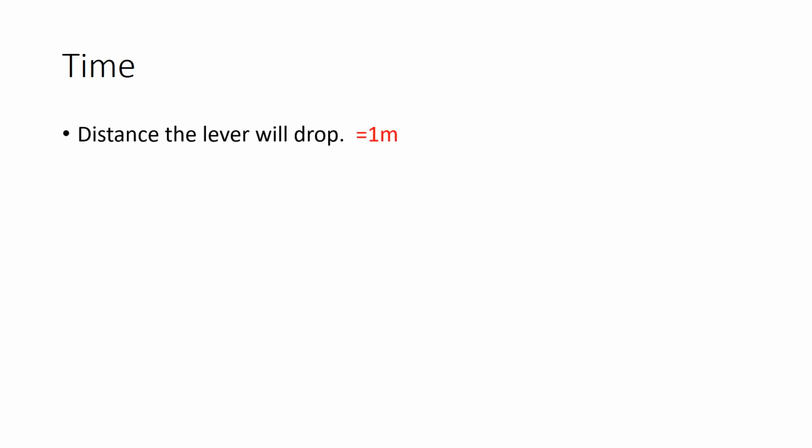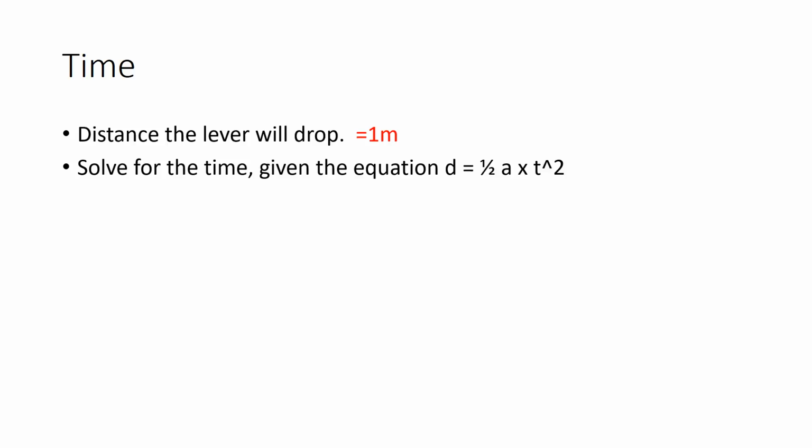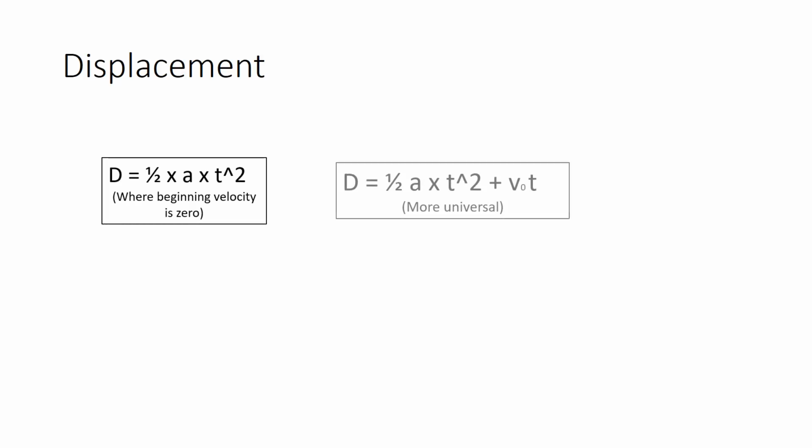And next is time. The distance the lever will drop is 1 meter. To solve for the time, there are two equations for displacement. The first is the one we'll be using: displacement equals 1/2 times acceleration times time squared, which applies when the beginning velocity is 0.